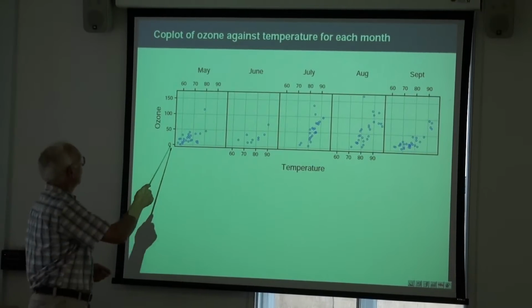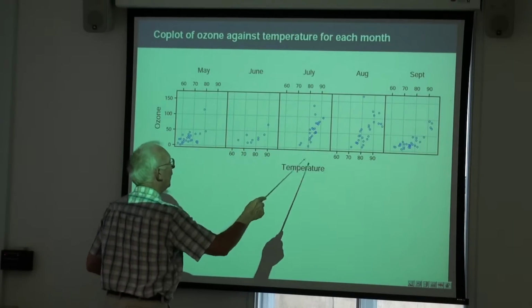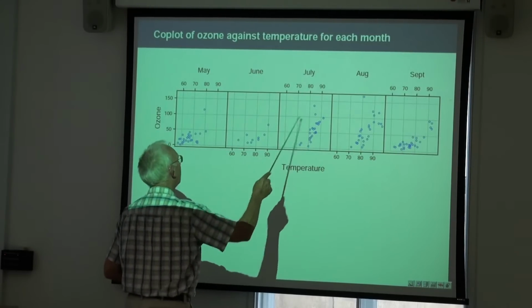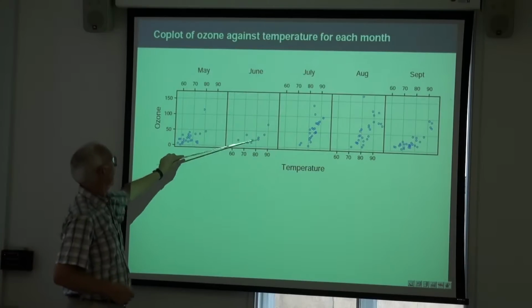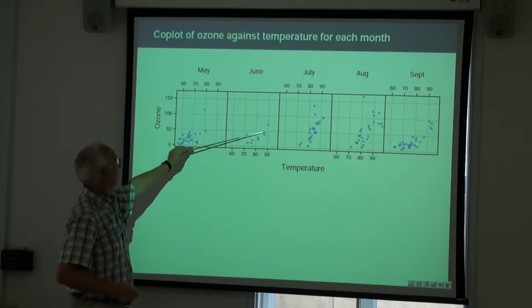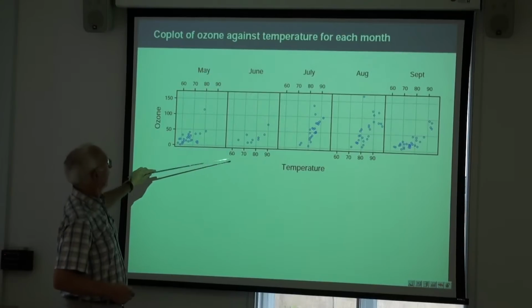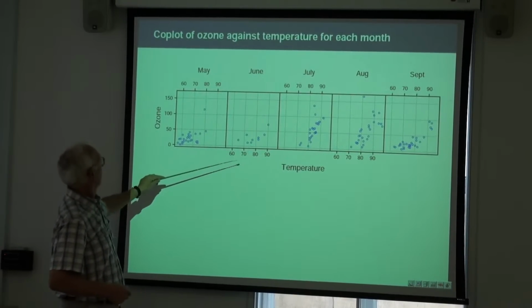And so you see, what can you see there? You can see little patterns. In each panel there's a sort of increase, a positive relationship, but they're different per month. So it's a rather slower slope in June when the ozone is low, the temperature's varying with fewer points there.